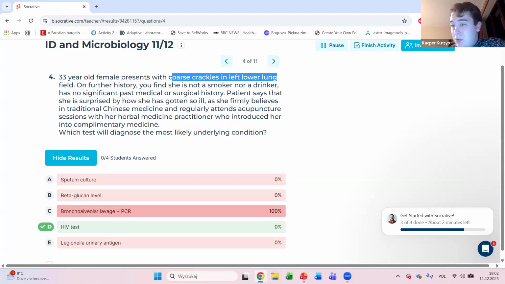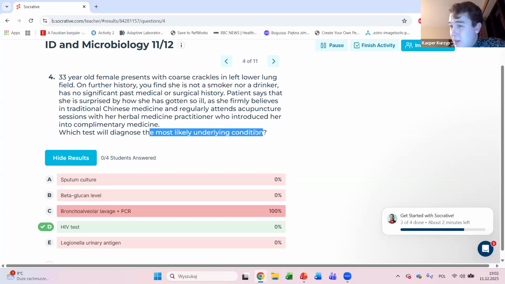Now, I gave you a few hints as to why I requested the investigation I want you to do. At this point, you know it's pneumonia. You know most likely it's strep pneumo. You could do bronchoalveolar lavage and PCR for the sake of completeness, but that's a bit of an overkill for a simple community-acquired pneumonia.